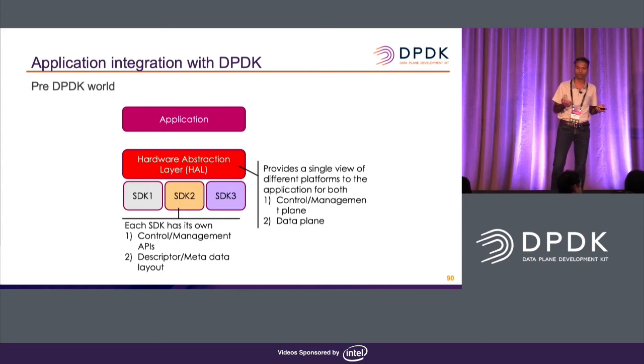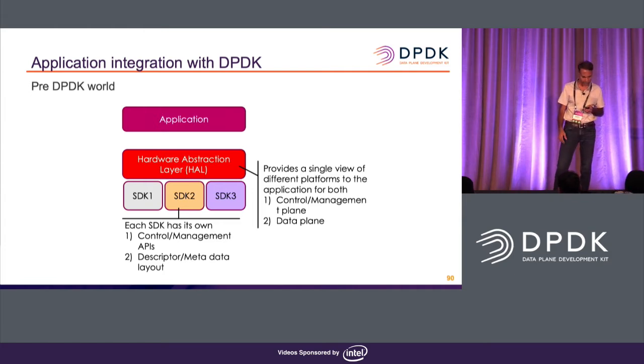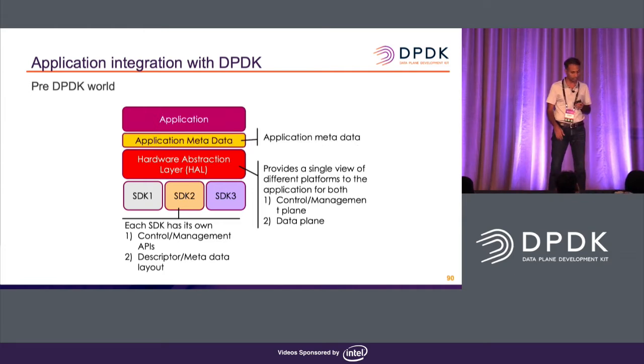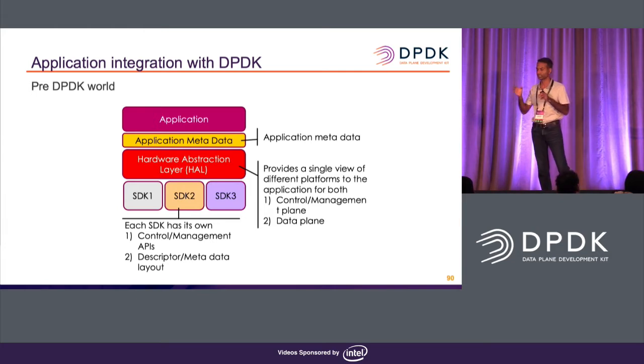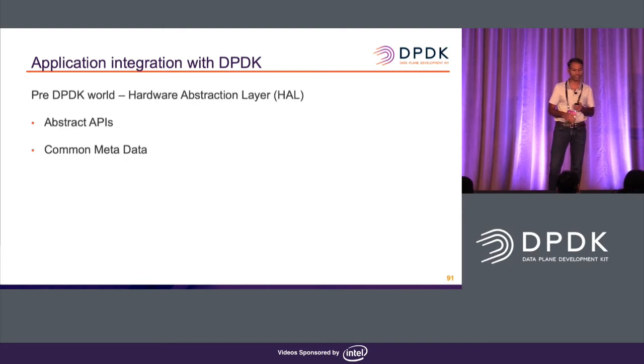So you can take that application, just modify the hardware abstraction layer, and run it on another hardware platform. Along with this, the application also had some of its own metadata, which it carried from different layers within the stack. Okay, so what does that hardware abstraction layer look like?